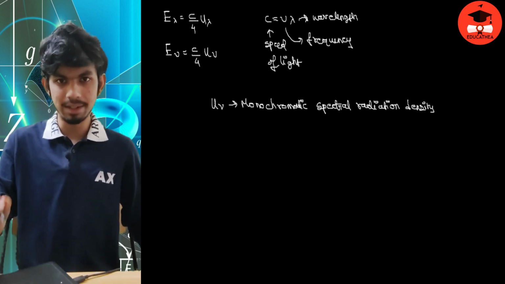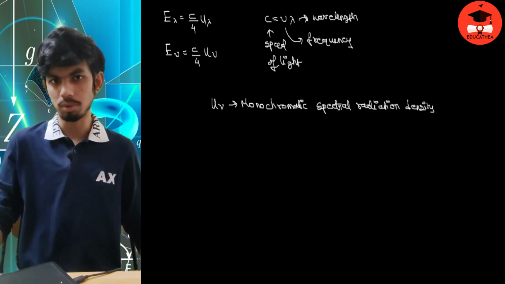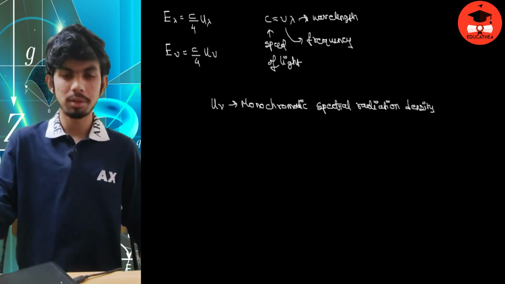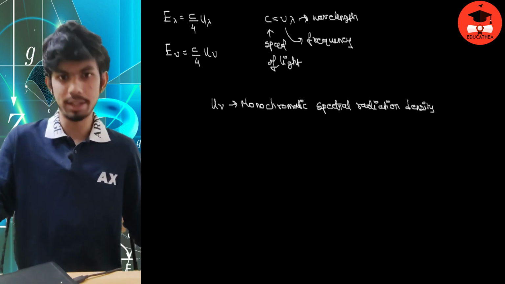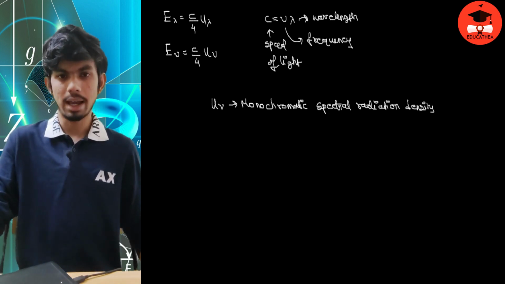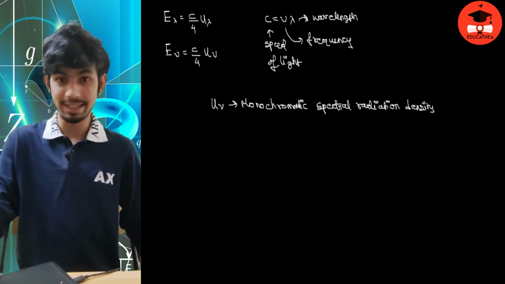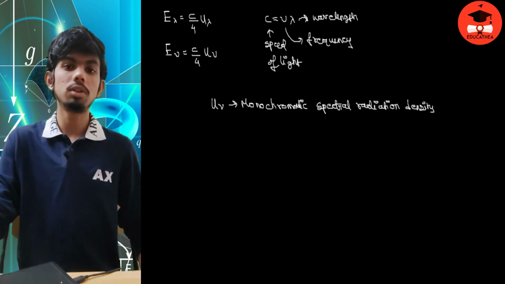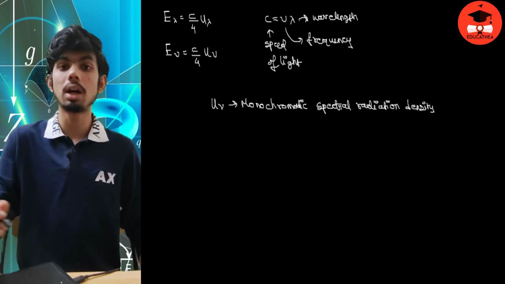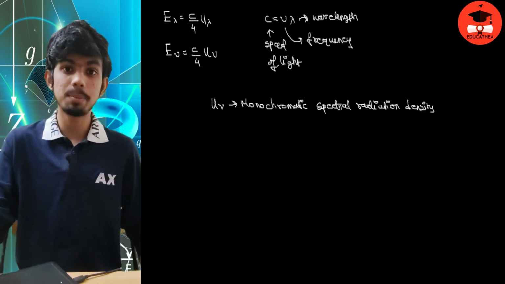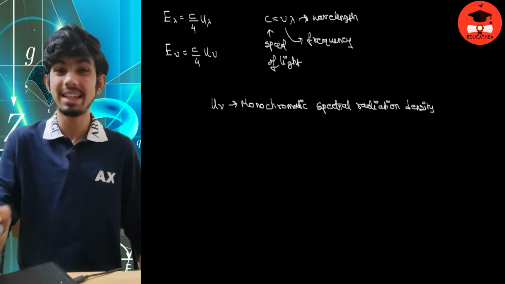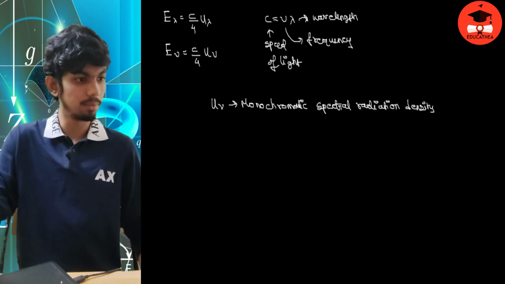Now let's say there are 10 waves carrying 1 joule of energy each. So the total energy is 10 joules in such a case. And if you divide that 10 joules by the total volume, then what you get is U nu. So U nu is basically the total number of waves multiplied by the average energy carried by each wave divided by volume.